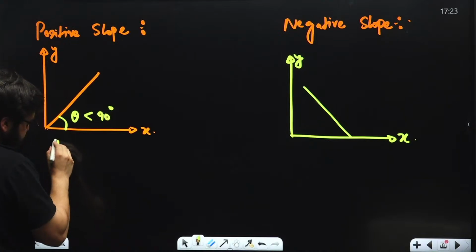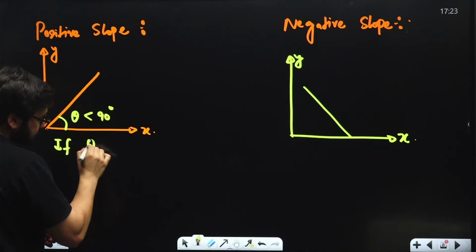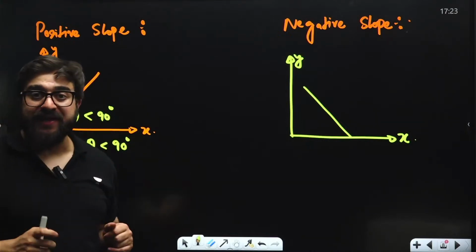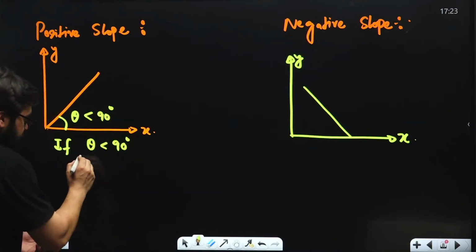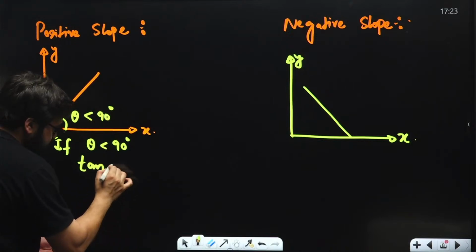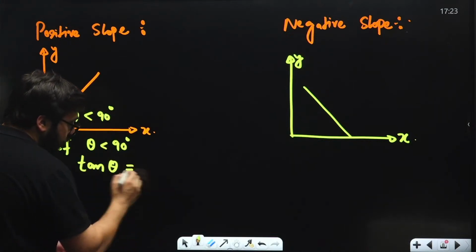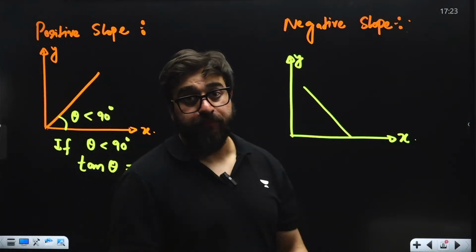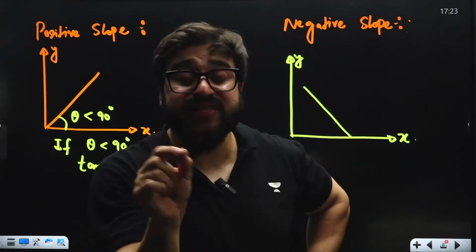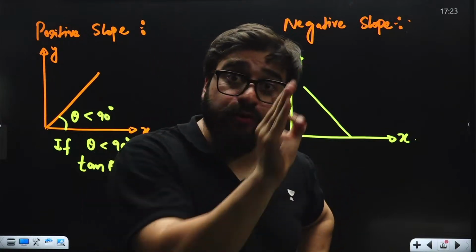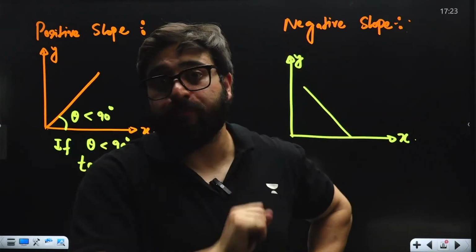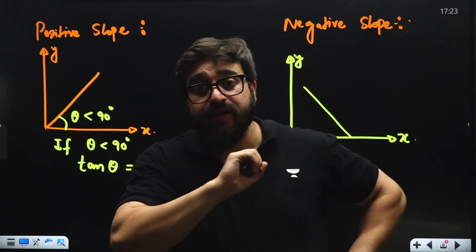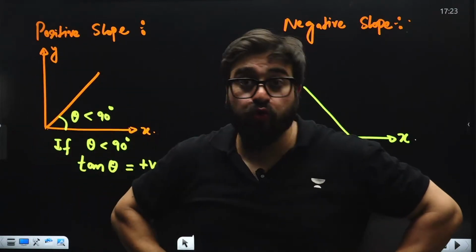If theta is less than 90 degrees, open the trigonometric table and check: the value of tan theta will come out to be positive. If theta is less than 90 degrees, all the values of tan theta will be positive. Like tan 60 is less than 90, so tan 60 is positive, root 3.